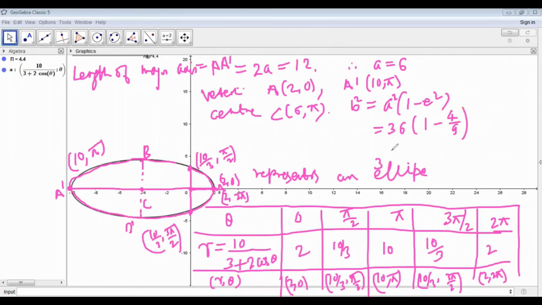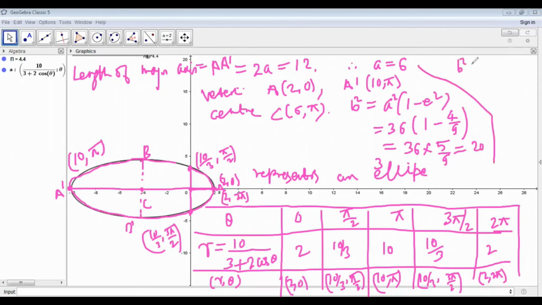So 36 into 5 by 9 equals 20. This is b square, so b square equals 20.